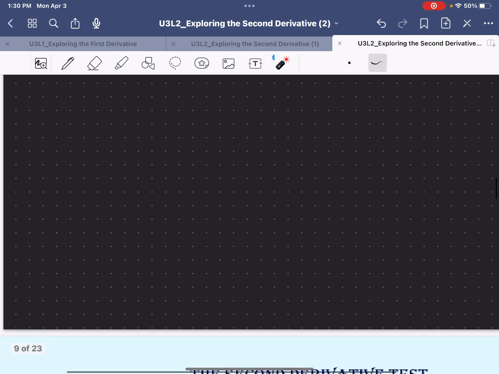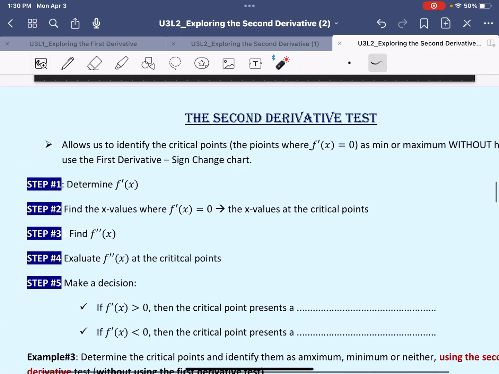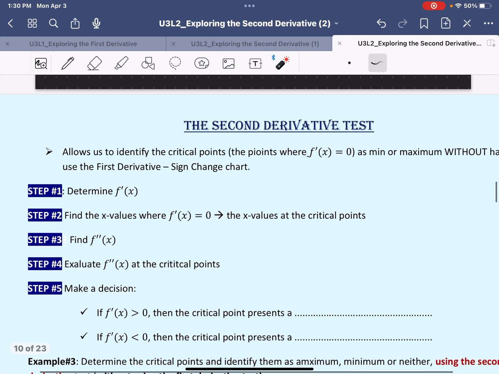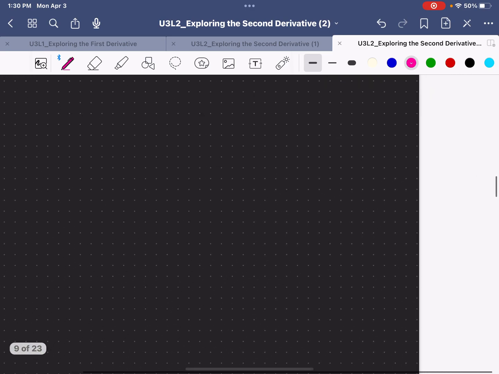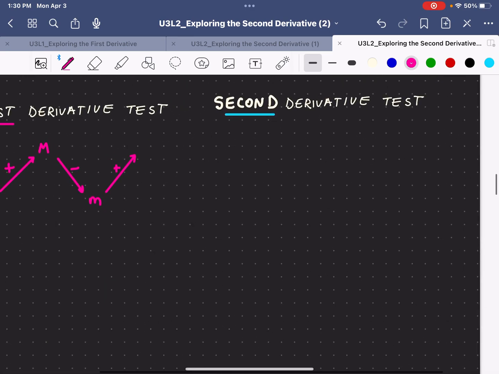Now, to best understand how the second derivative test works, I am going to draw the graph of a function that is hosting a minimum and the graph of a function that is hosting a maximum.